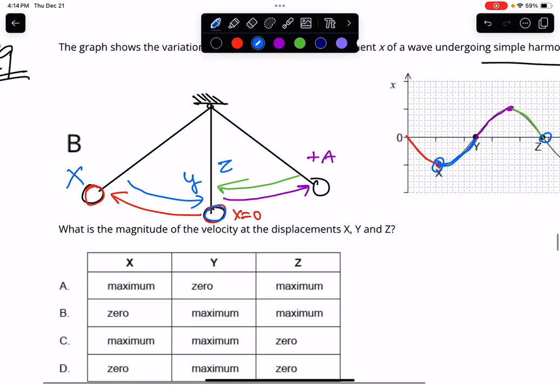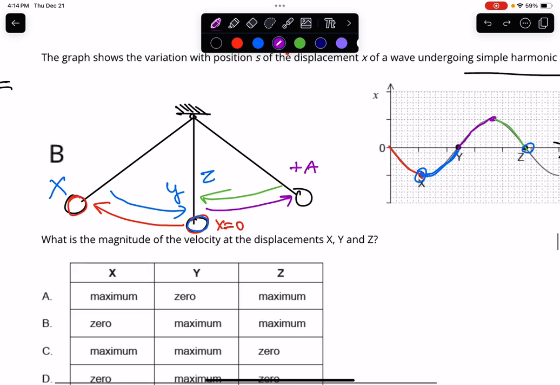So basically the difference between Y and Z is that Z is approaching the equilibrium position from the left, and Y is approaching the equilibrium position from the right. Okay? So you can just look at it in terms of the color coding.